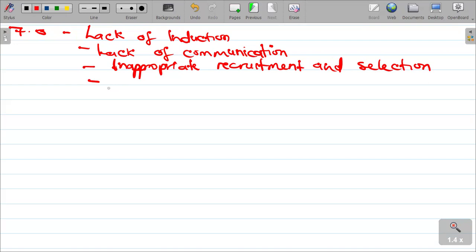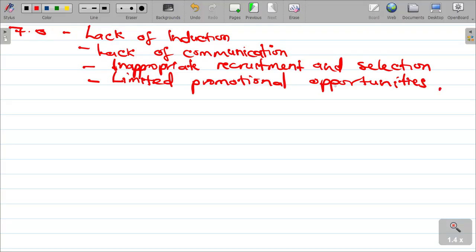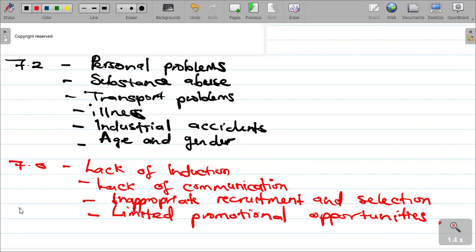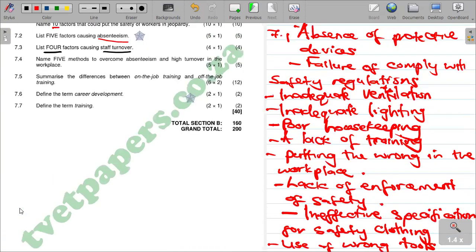And also, it may be due to limited promotional opportunities. These are the factors that cause what? Staff turnover.